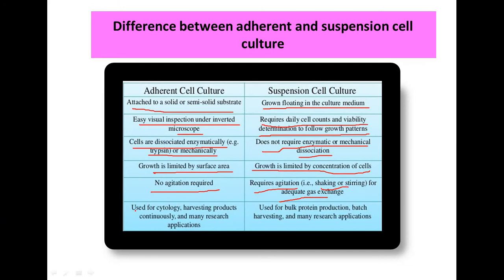Adherent cells are used for cytology, harvesting product continuously, and many research applications, but suspension cells are used for bulk protein production, batch harvesting, and many research applications.